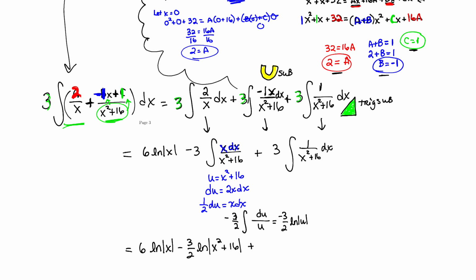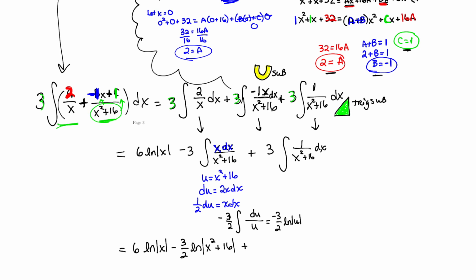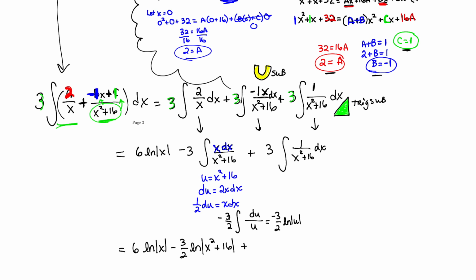So everybody should be getting 6 times the natural log of x minus 3/2 times the natural log of x squared plus 16, plus, and then you have that other one, right? So then you have your very last piece, the arctangent piece. I'm going to let x equal 4 tan theta, dx equals 4 secant squared theta d theta.